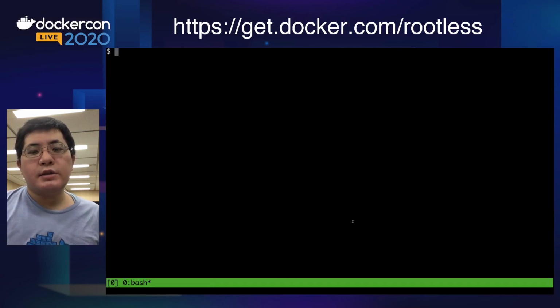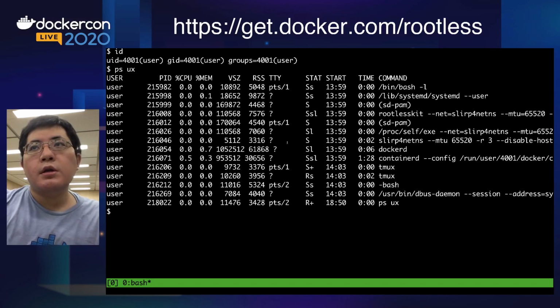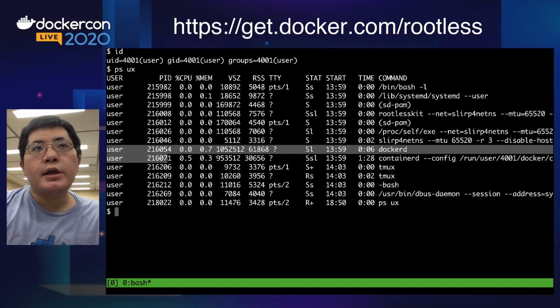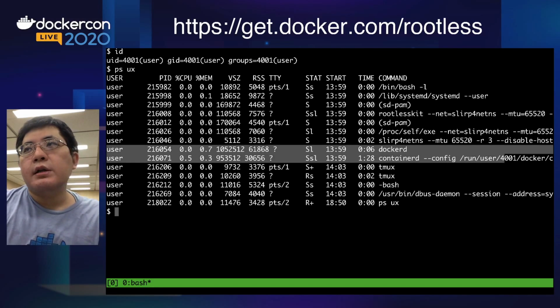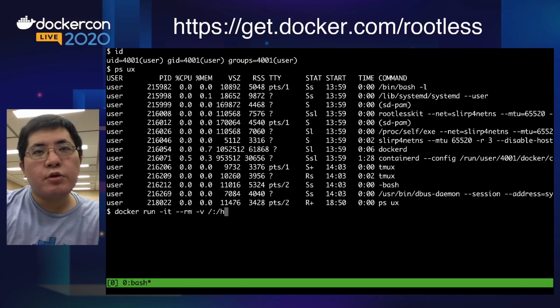In this environment, my username is user with UID 4001, and I'm running Docker Daemon and also containerd as this unprivileged user. And I can run some container, and I mount the host file system as /host.